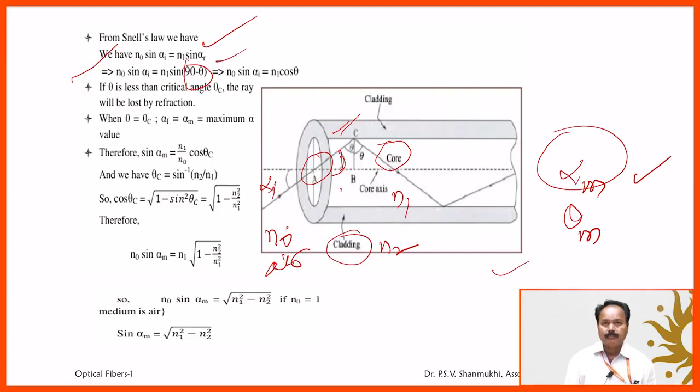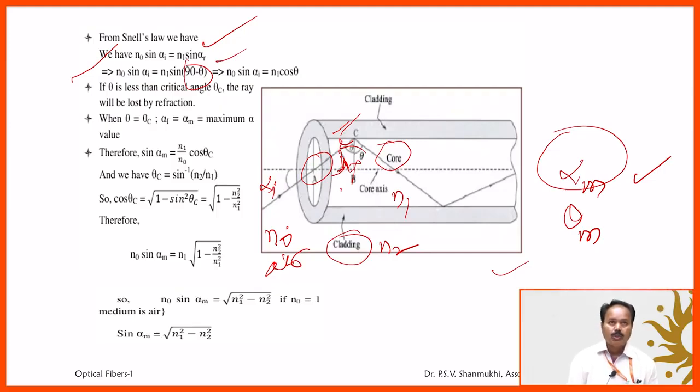In a triangle, the total angle is 180 degrees. At point C the angle is theta, and the other angle is 90 degrees. Therefore alpha R will be 90 minus theta.